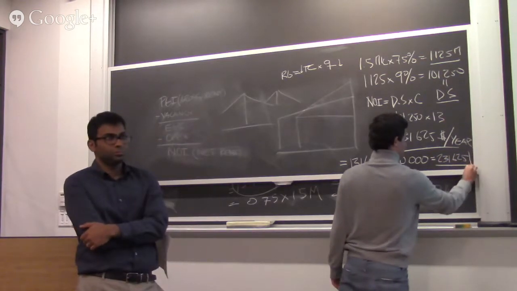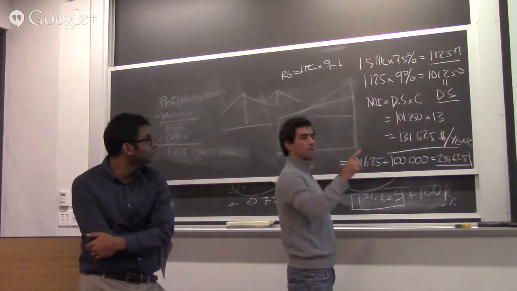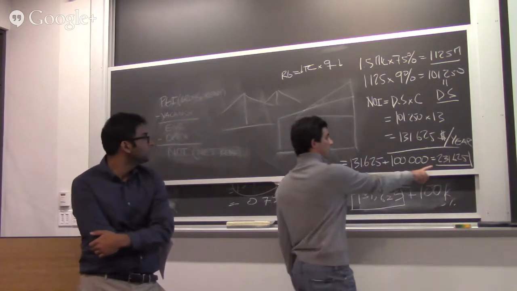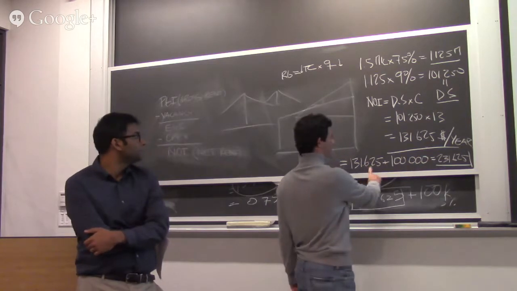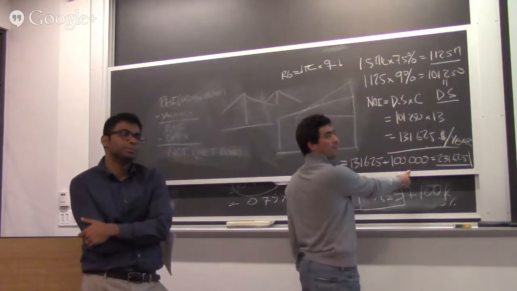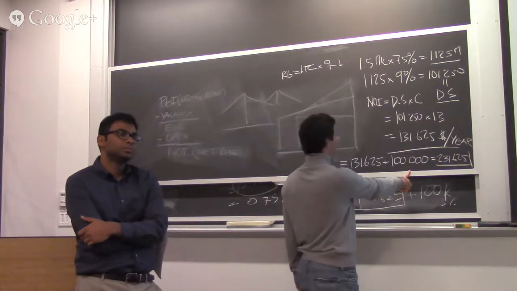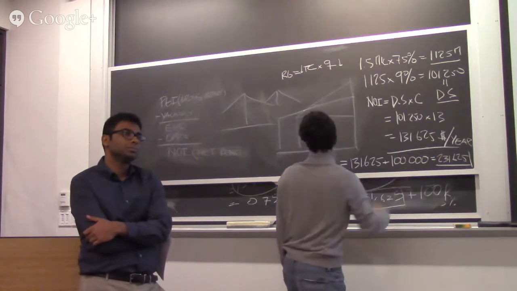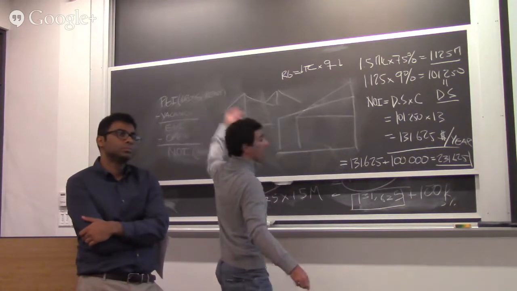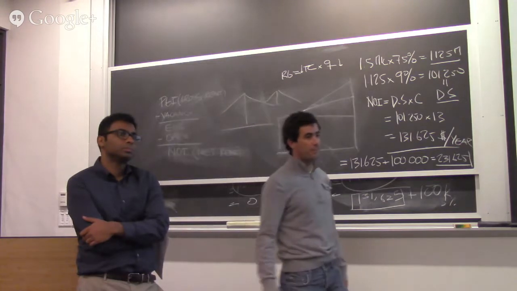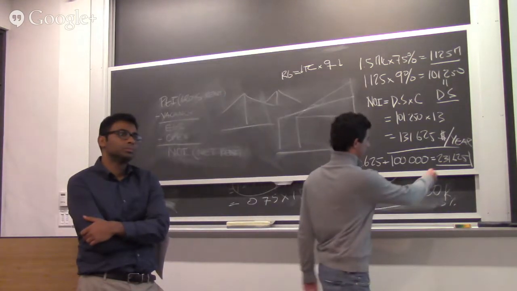What does that number mean? That number is NOI plus operating costs. This would actually be the effective gross income. If you add the vacancy, you will get to the potential gross.